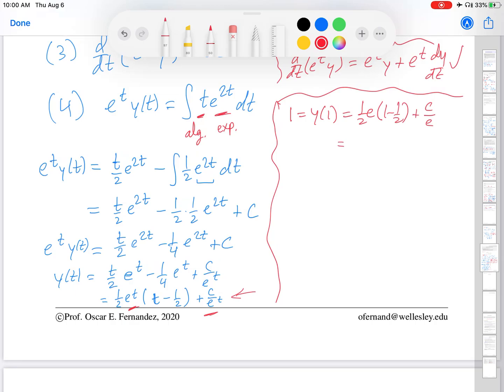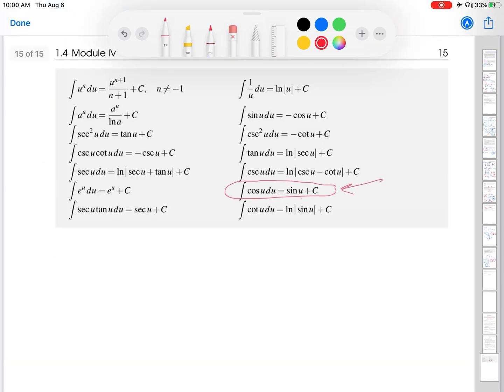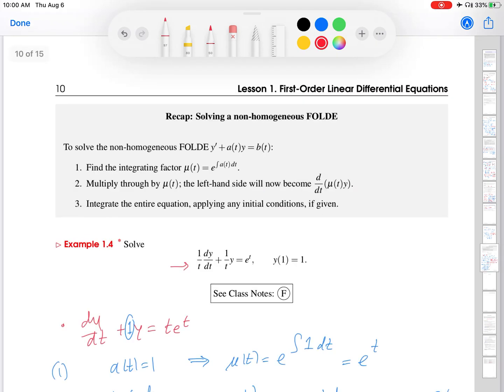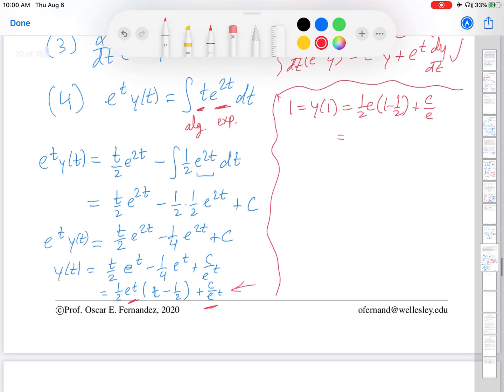Okay, so what's happening here? So, sorry, go back here. So 1 minus 1/2 is 1/2. Okay, times 1/2 is 1/4. So we have e over 4 as the first term here, plus c over e, and that's equal to 1. All right, and then I want to solve for c. So this is a little algebra exercise.